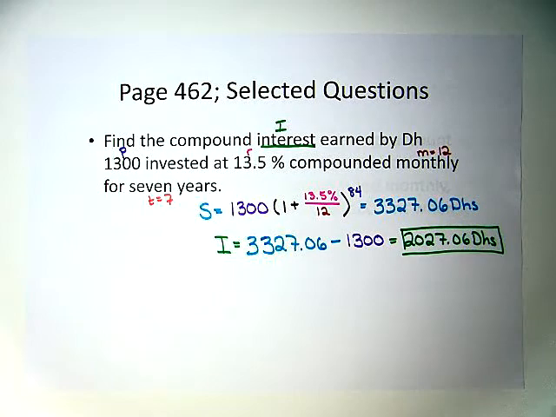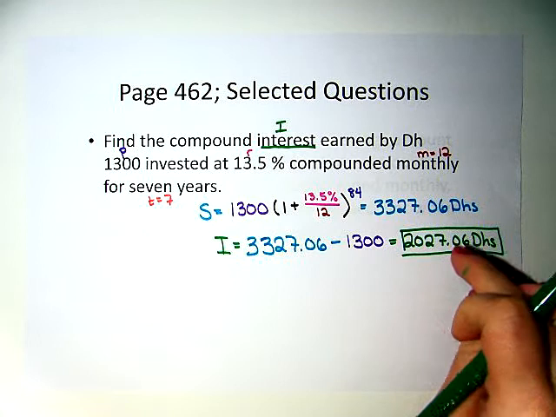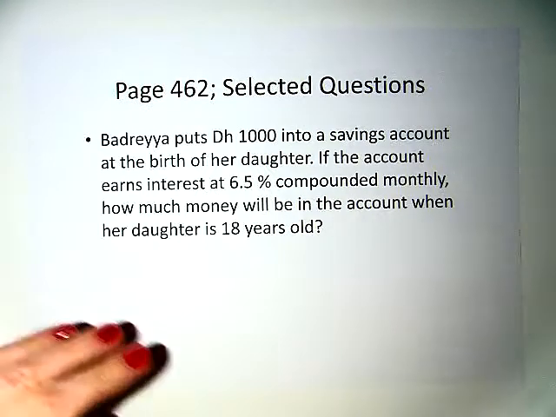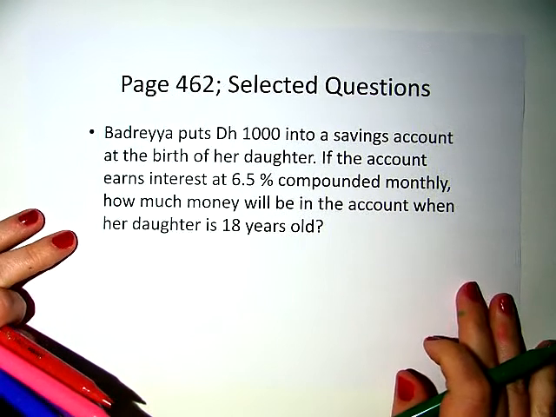Even though it doesn't say it, we have to find S before we can find I. So let's look at one more problem from page 462 before we call this finished.